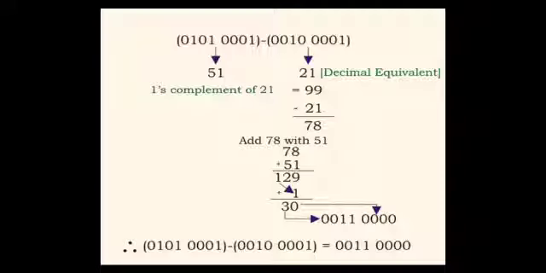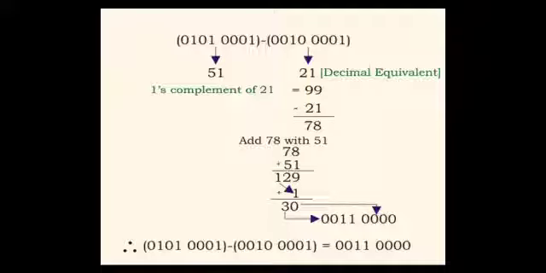Next, here I am taking a simple example of those numbers, 51 minus 21. These are the binary equivalents, and these numbers are the decimal equivalents. First, 51 is the minuend and 21 is the subtrahend.